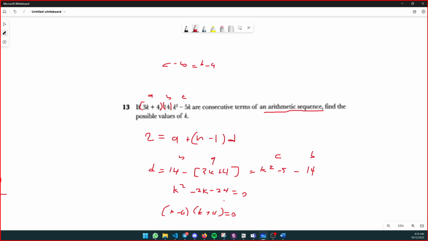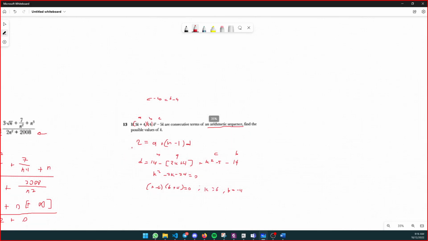So you have both answers here: k equals 6 or k equals negative 4. These are your possible answers. You can just leave it like this. It looks scary, but at the end of the day, it's quite a simple question.